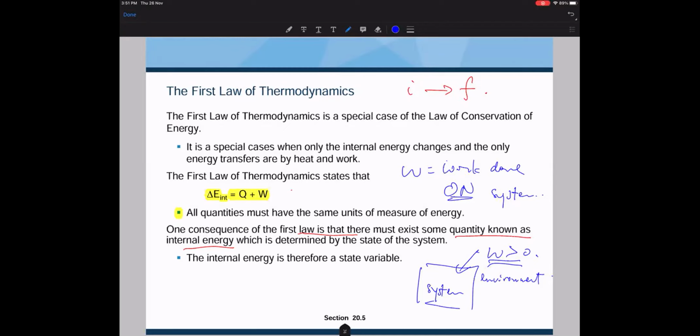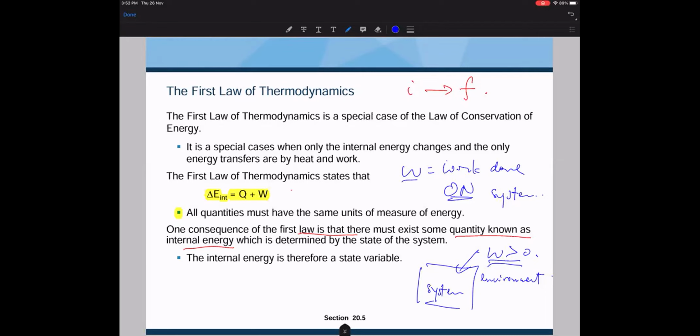So you have to do some work, and in that case, you lose energy. So work done on the system in that case is negative because it is not the surrounding environment working on you. It is the gas in the system working on the surrounding. So that is the significance of the positive or negative work done.